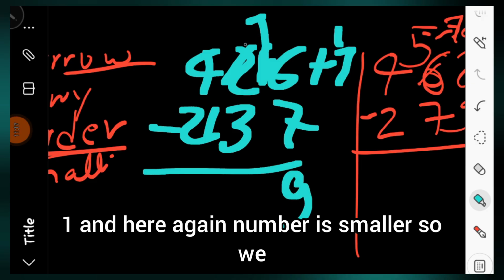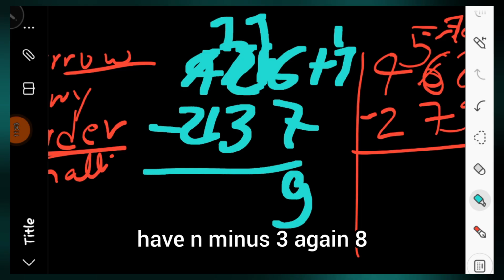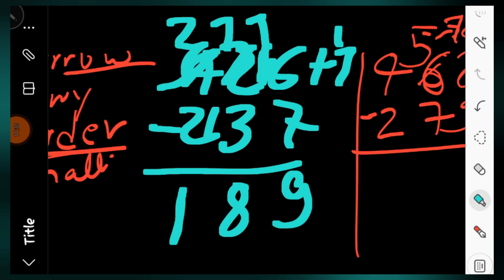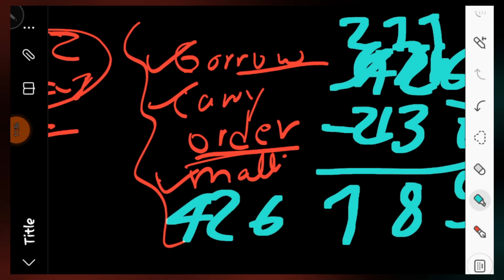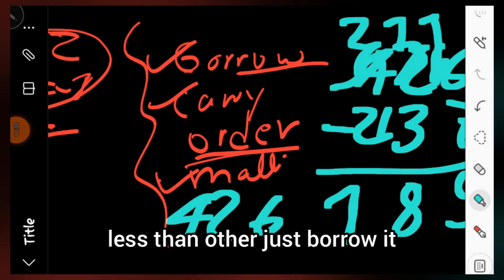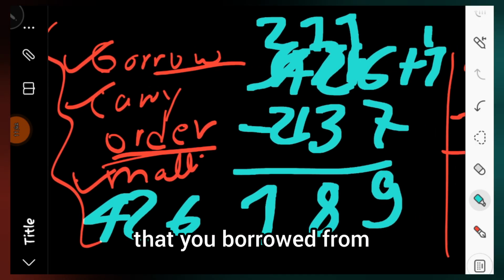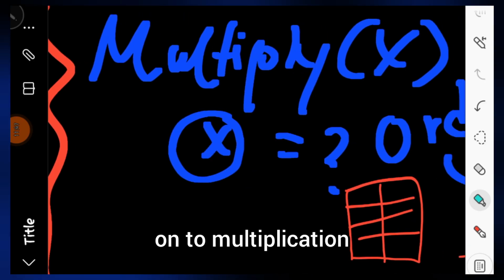And here again the number is smaller, so we borrow from the neighbor, resulting in 11. 11 minus 3 is 8, and 3 minus 2 is 1. Always remember this rule: if you have less than the other, just borrow and subtract from the one that you borrowed from. Very easy. Now let's move on to multiplication.